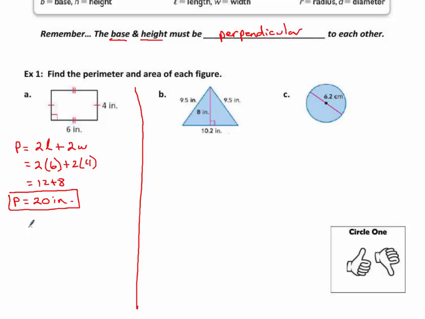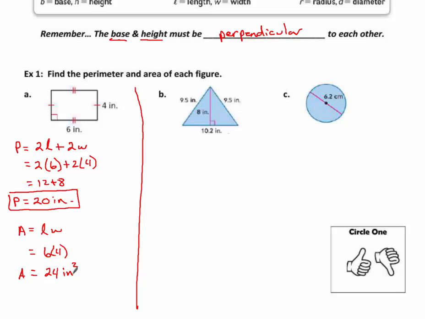Not bad. Then we're going to go for the area. Look up at the top, and our area formula is length times width, which is 6 times 4. So the area of this rectangle is 24 inches squared.